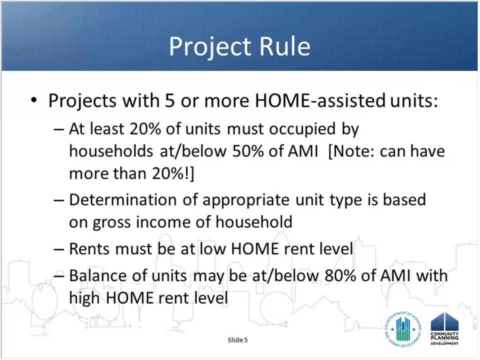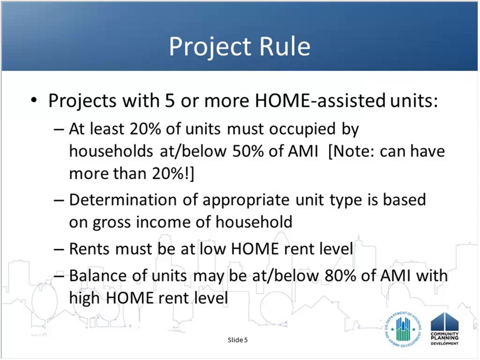So as a property manager, know that there's a project rule in place that would impact projects that have 5 or more units, but it may be that you have more restrictive requirements that have been put in place by the PJ.